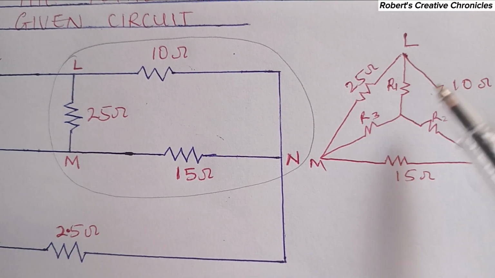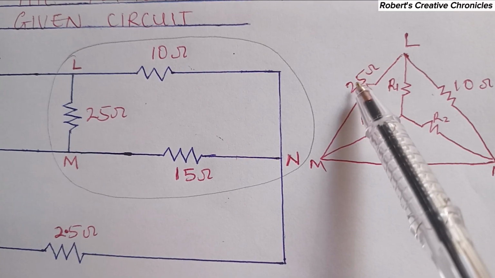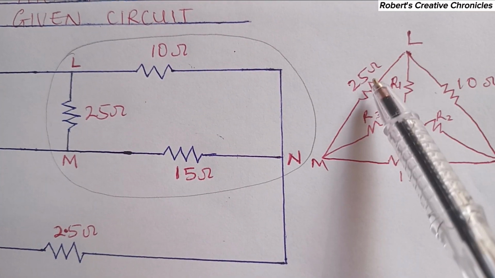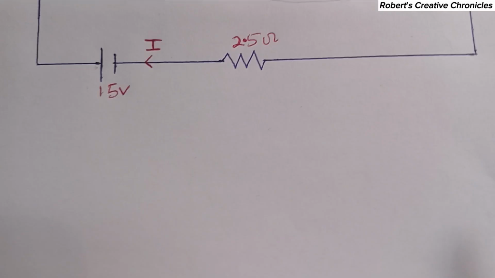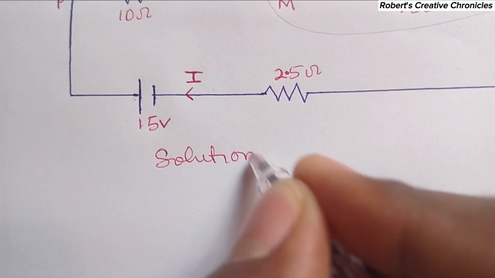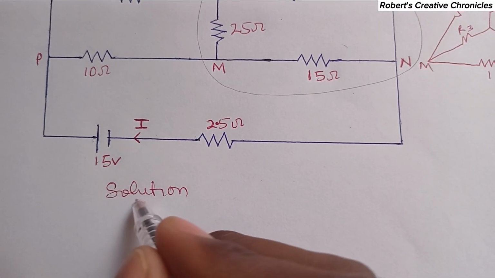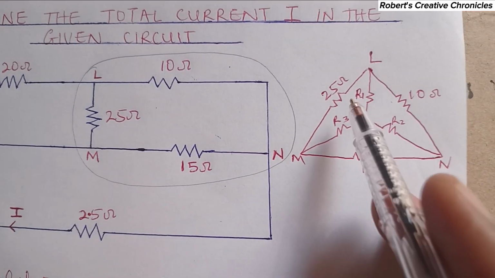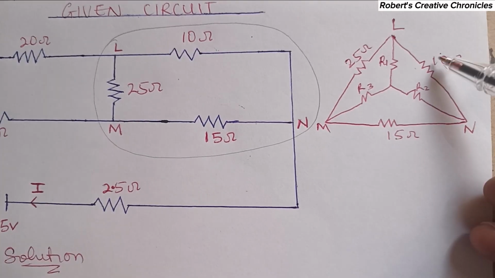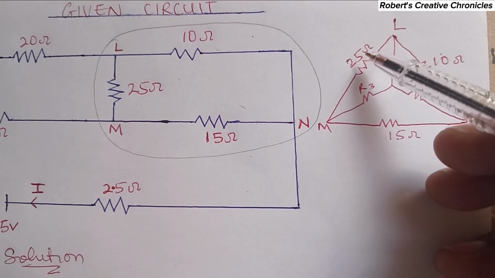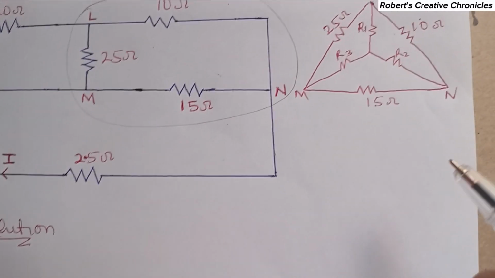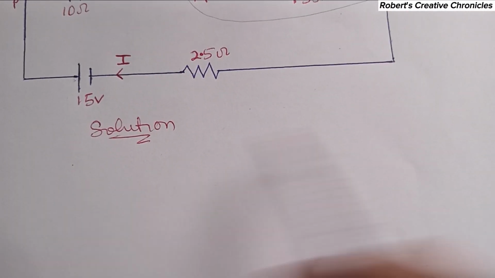So now to find R1, you know it will be 25 times 10 divided by the sum. If you like, you can call this one R12, this one R23, and this one R31, then do the formula first before you substituting. It's the same thing. So I'll go straight to the point.